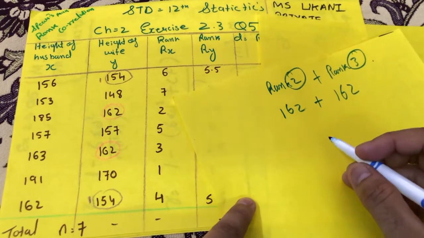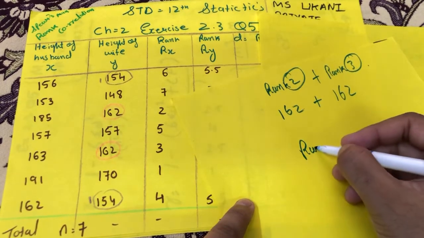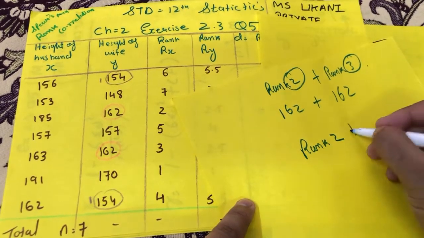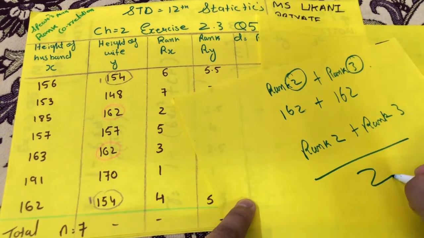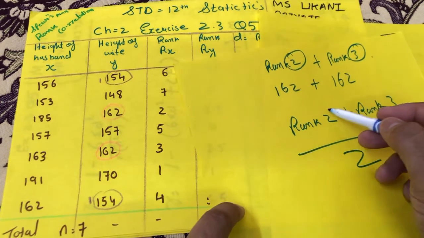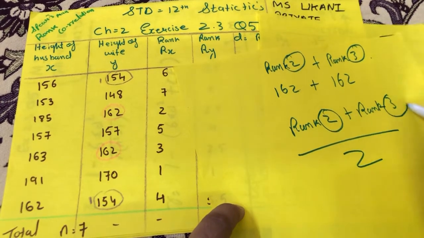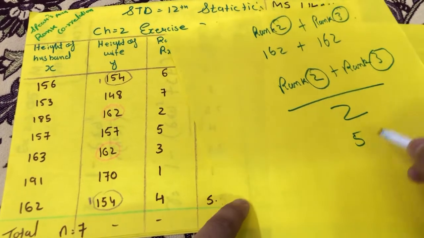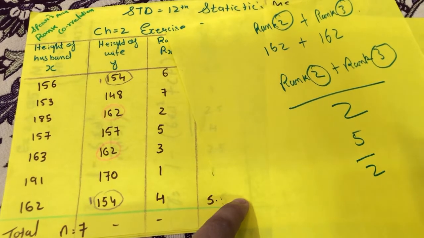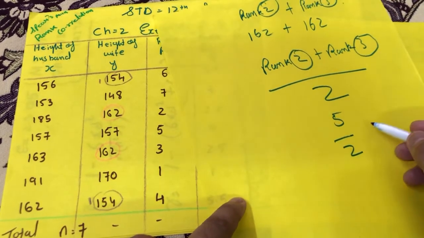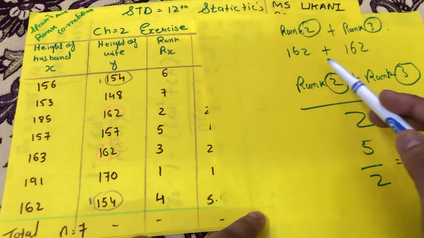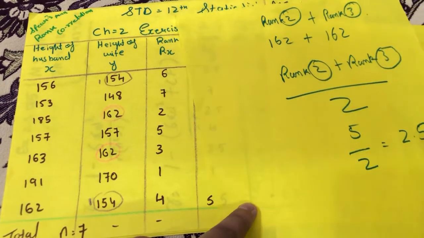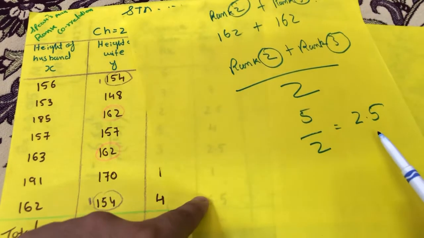So rank 2 plus rank 3 divided by 2. So rank 2 plus rank 3 means 5 upon 2. So 5 divided by 2, it will come 2.5. So in place of 162, we will write rank 2.5.